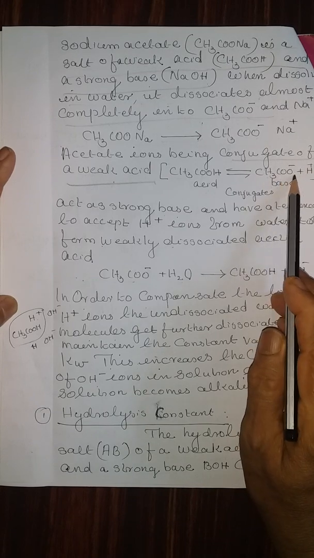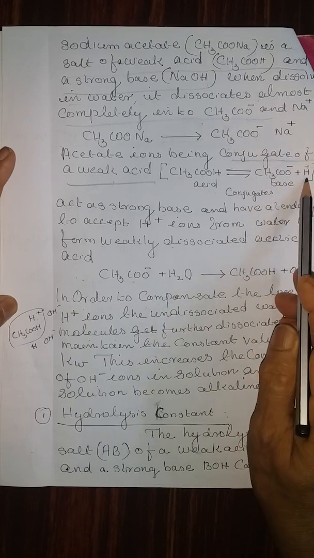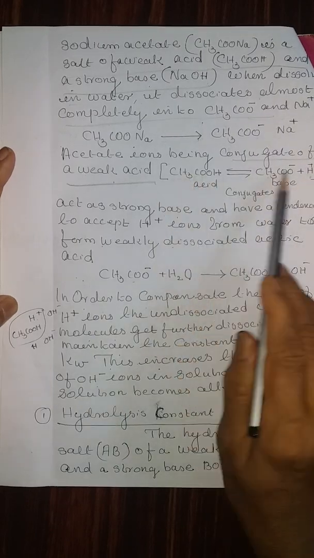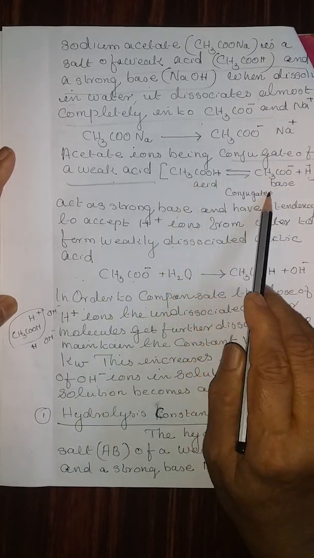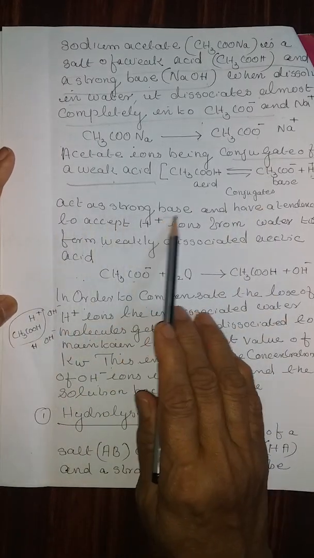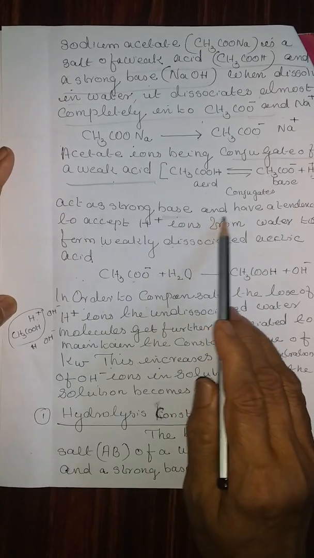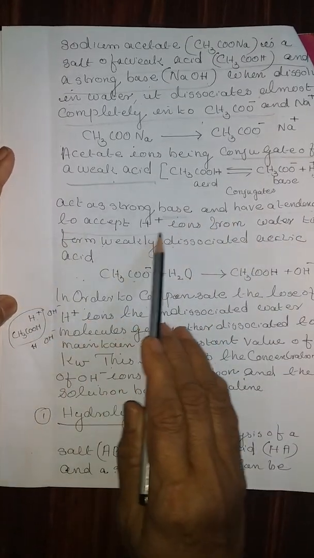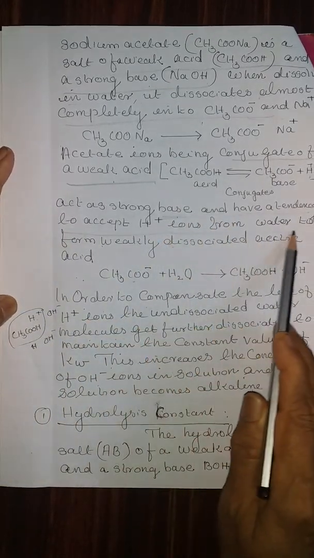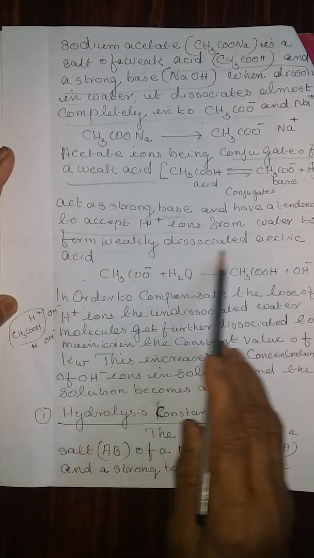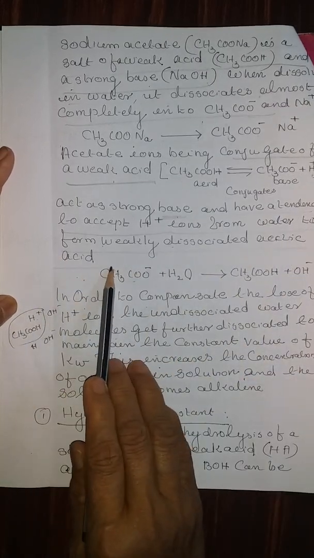Therefore, it is a base and an H+ is formed, and both become a conjugate pair. It acts as a strong base and has a tendency to accept an H+ ion from water to form weakly dissociated acetic acid.